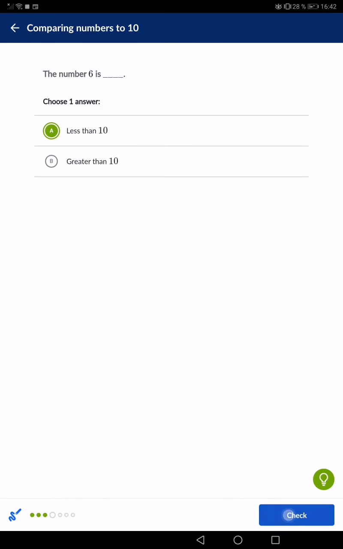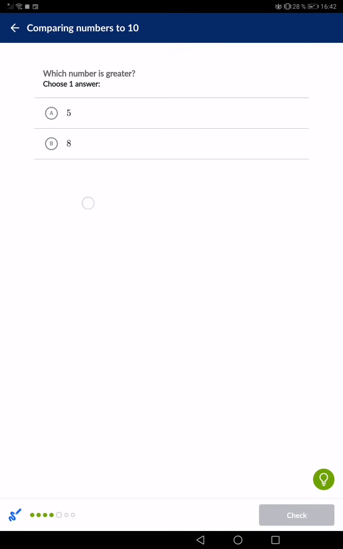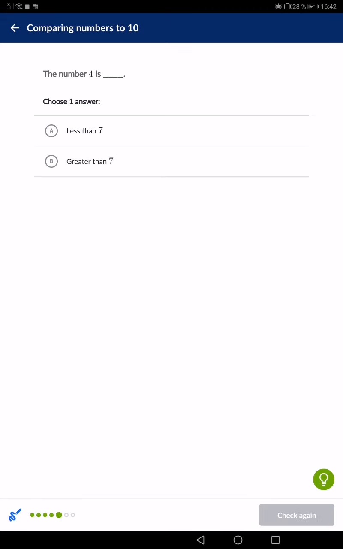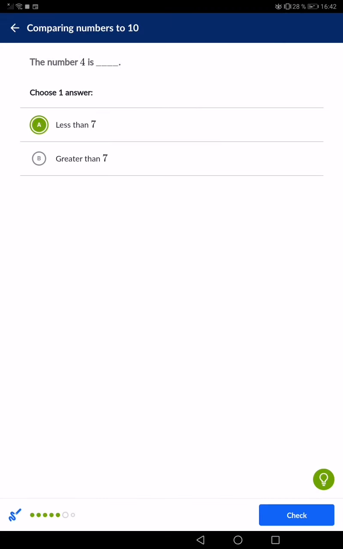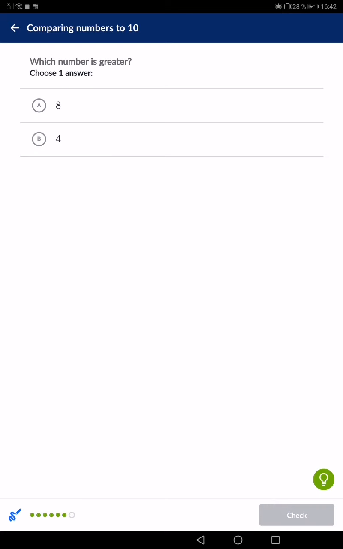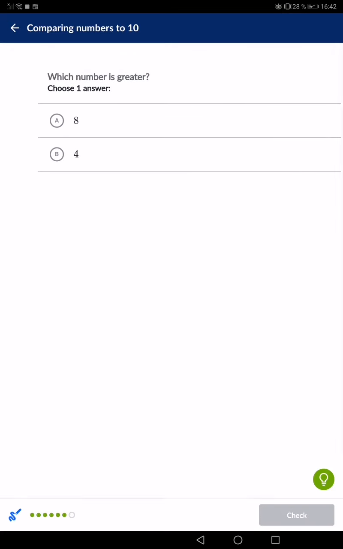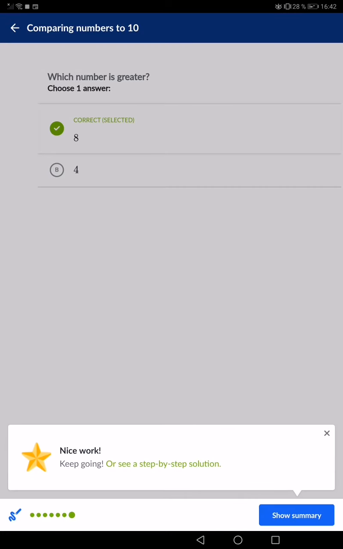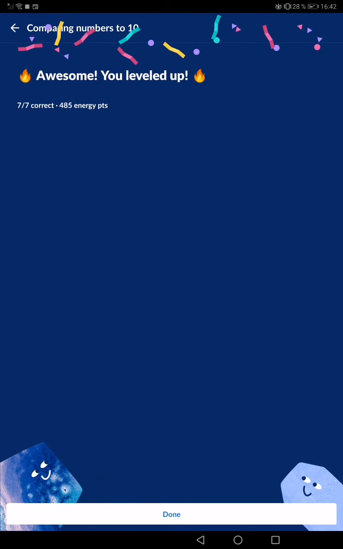It is. Then which number is greater? Well, 8 is greater than 5. The number 4 is less than 7. Yeah. Which number is greater? 8 is greater than 4. Alright.